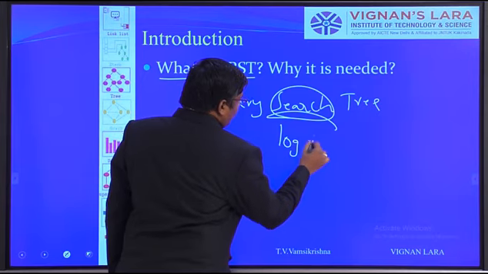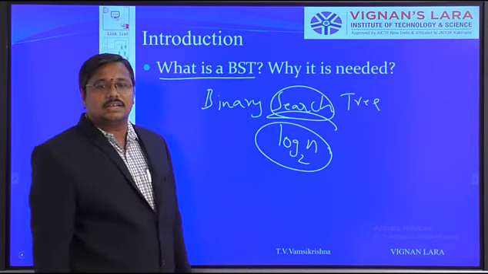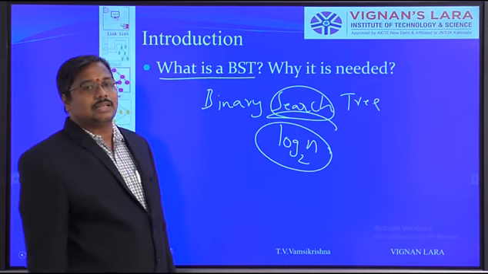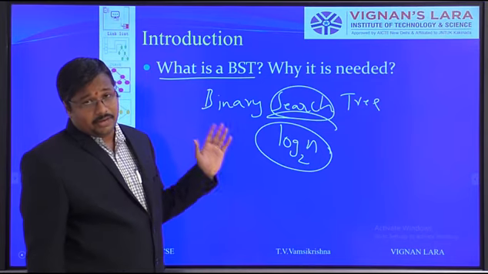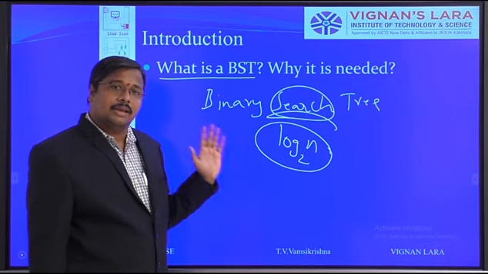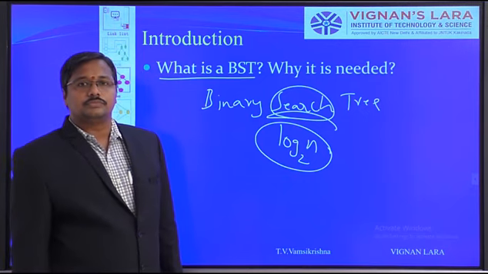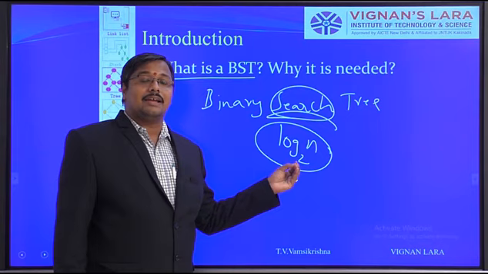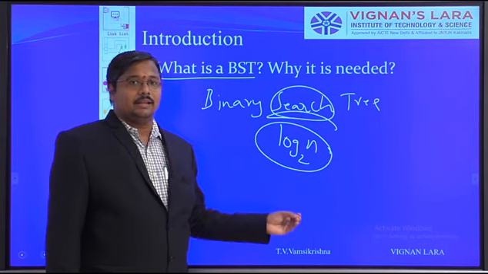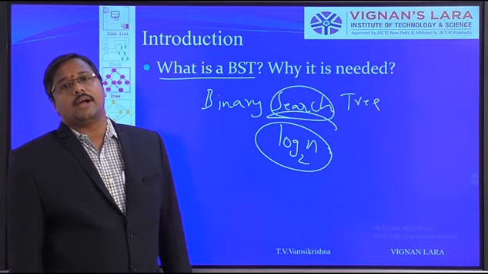The time complexity for a search, insert or delete operation is log n base 2, and the height, or depth, of the tree is also log n base 2. So it exhibits less time complexity. That's why this kind of binary search tree is required.